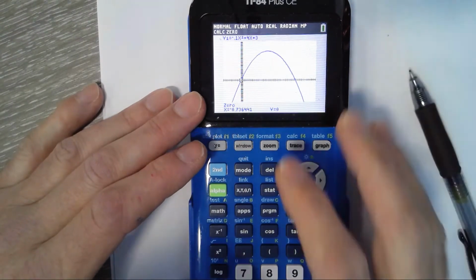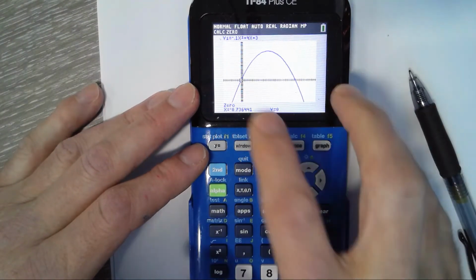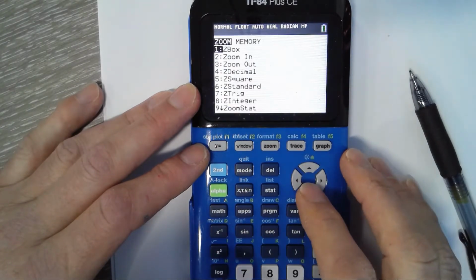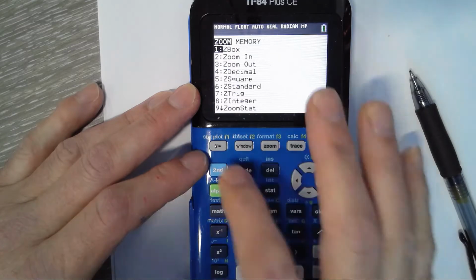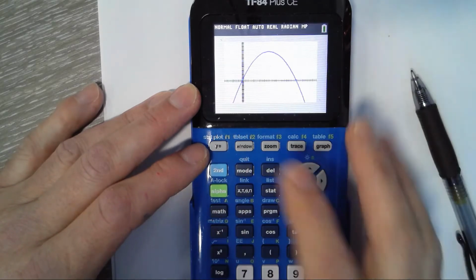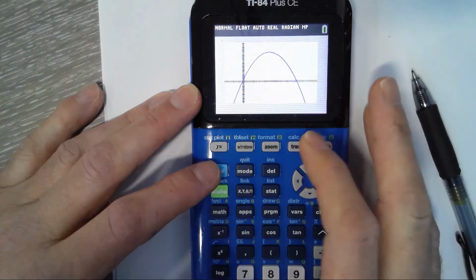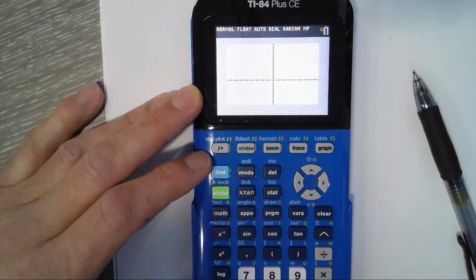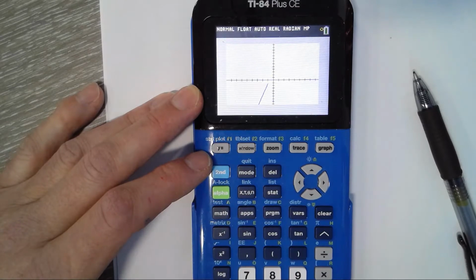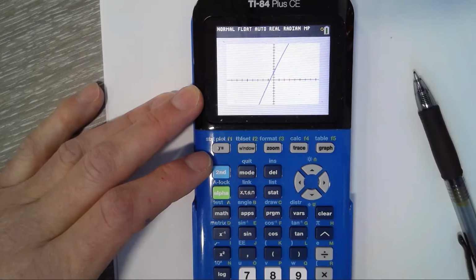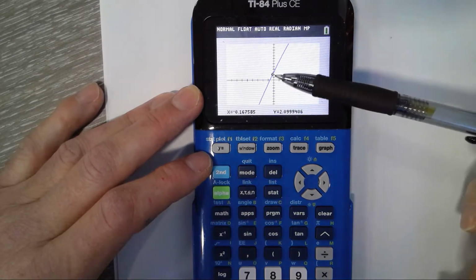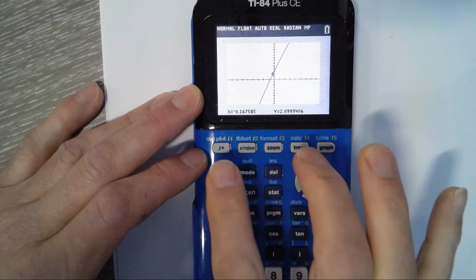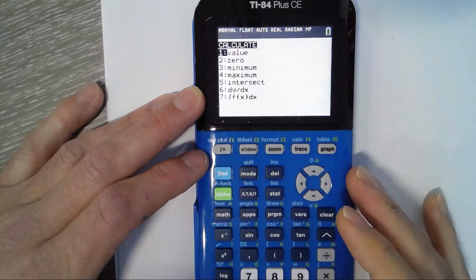If I wanted to find the y-intercept, I'm going to zoom in a little bit. Okay, so zoom in, hit enter. I'm zooming in right there. So you can see that that's my y-intercept. Under the calculate button, second calculate, I can choose any value I want.